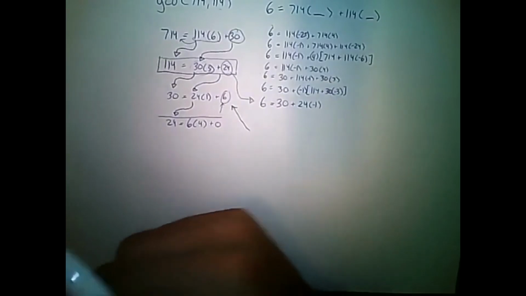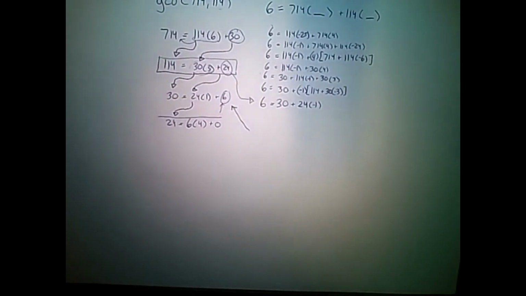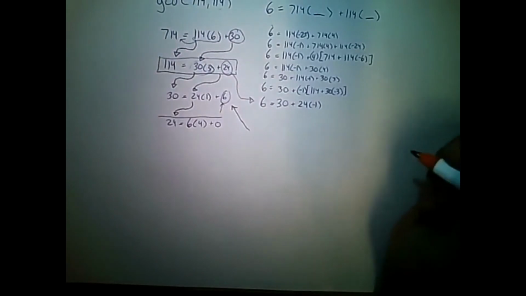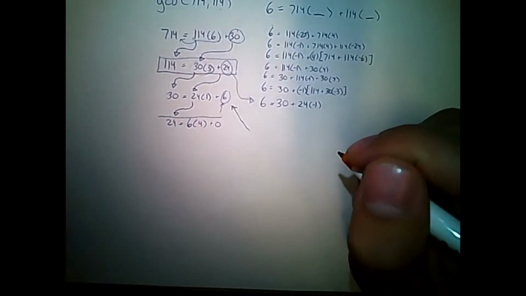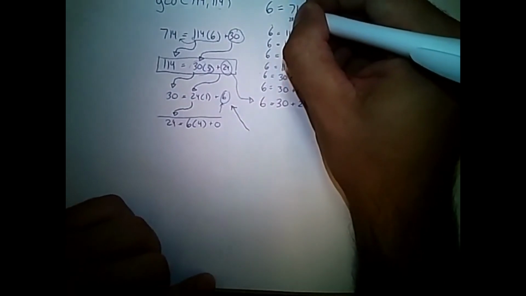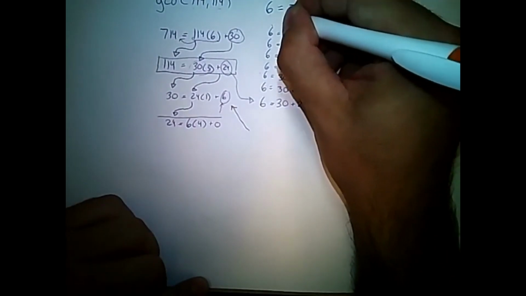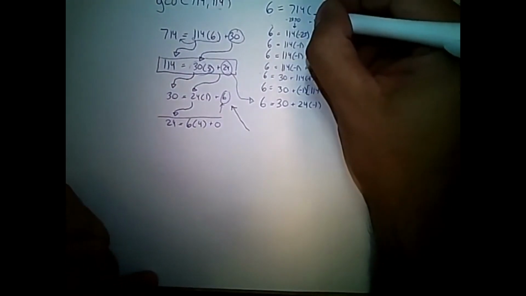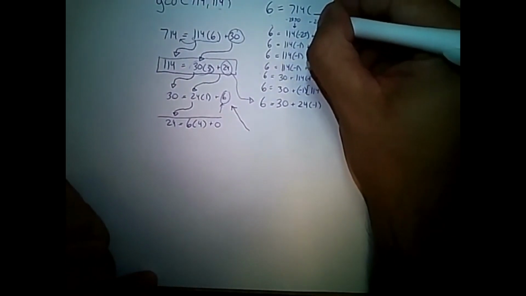If I take a moment with my calculator to check what those are, I get the following numbers: 114 times negative 25 is equal to negative 2,850, plus 714 times 4, which is 2,856.